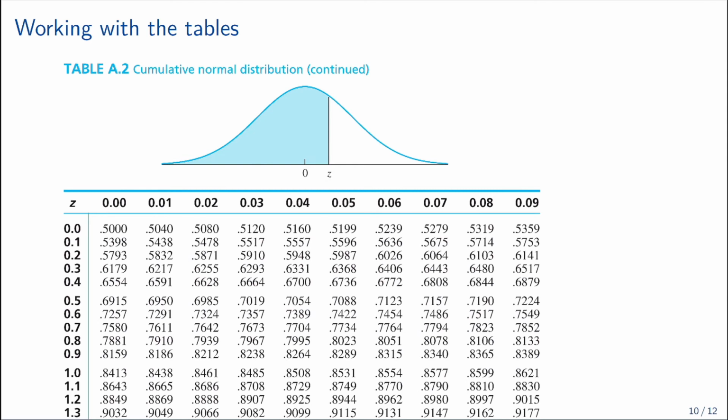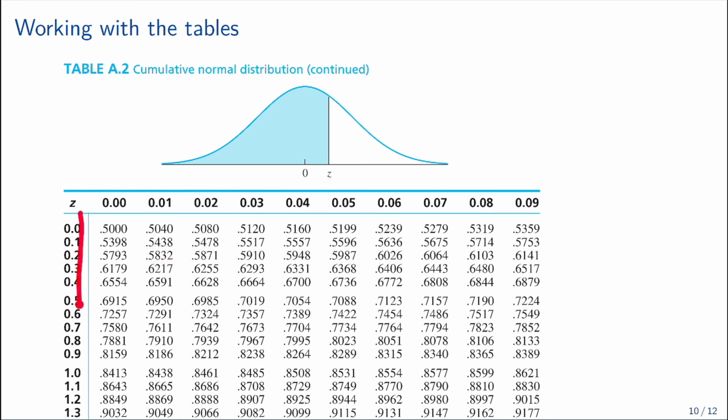These tables of the cumulative normal distribution work in the following way. We have the z-score, for example 0.21. We have 0.20, and the hundredths are in this case, so 0.21 is equivalent to this value.